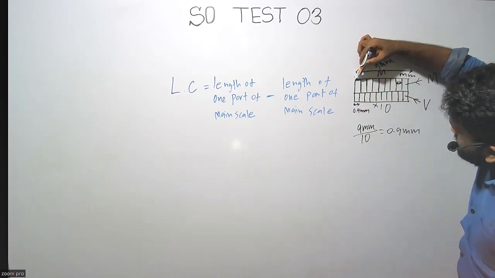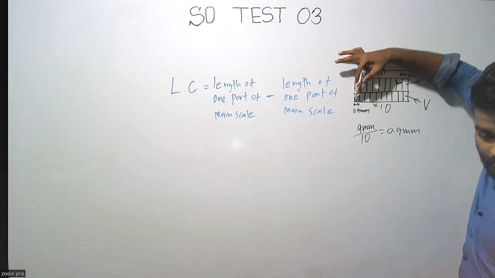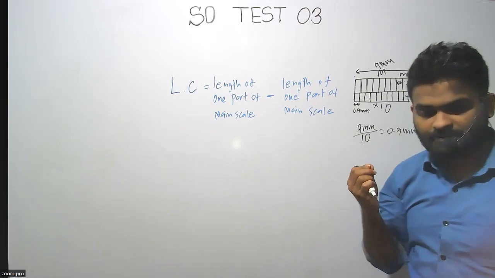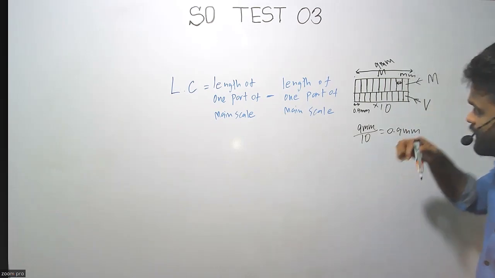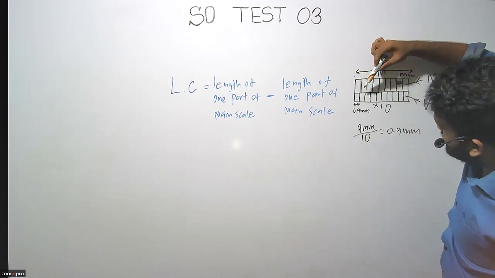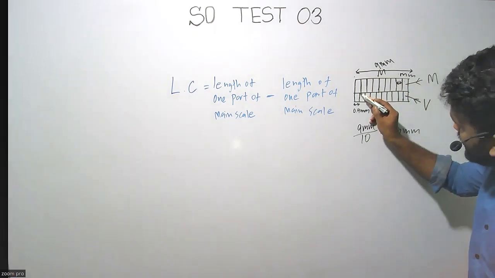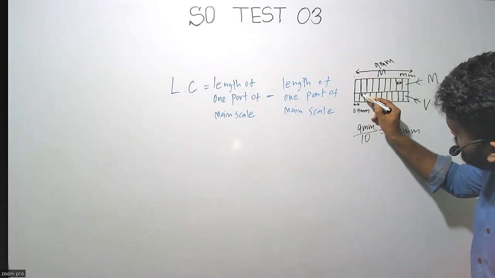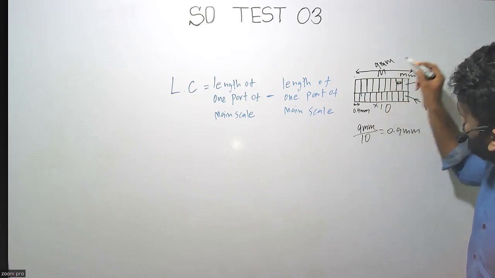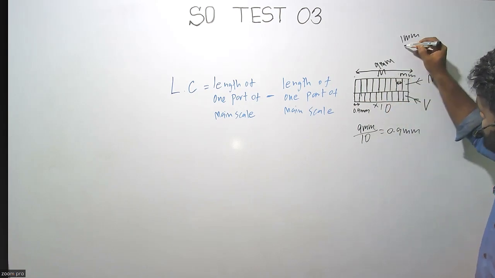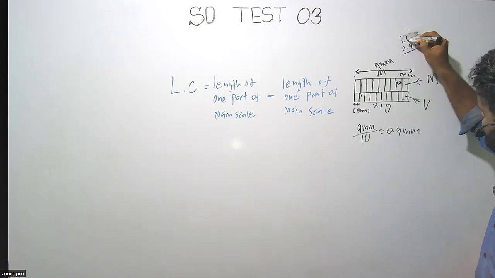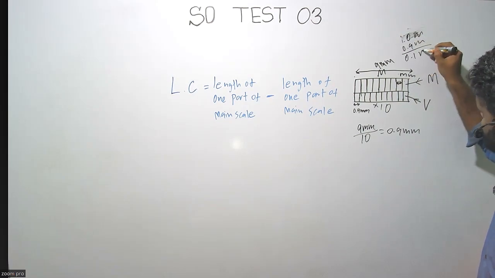One part in the main scale is 1 millimeter. The other one is 0.9 millimeter. Right? So what they ask is the least count. Do you see the difference here between 0.9 and 1 millimeter? The difference is that small value: 1 millimeter minus 0.9 millimeters. So what do you get? 0.1 millimeter.